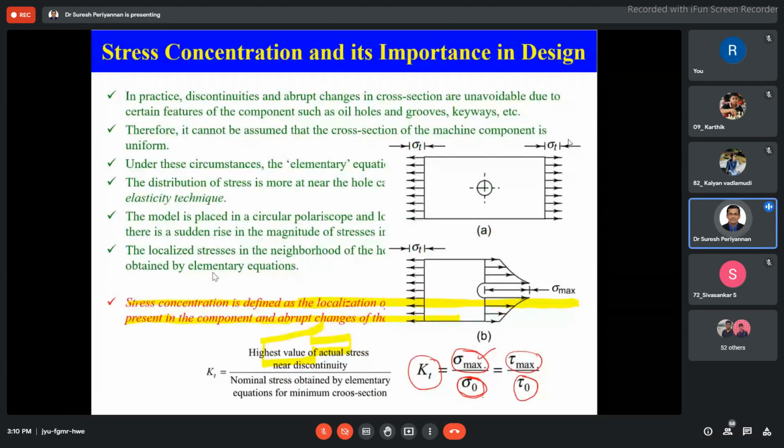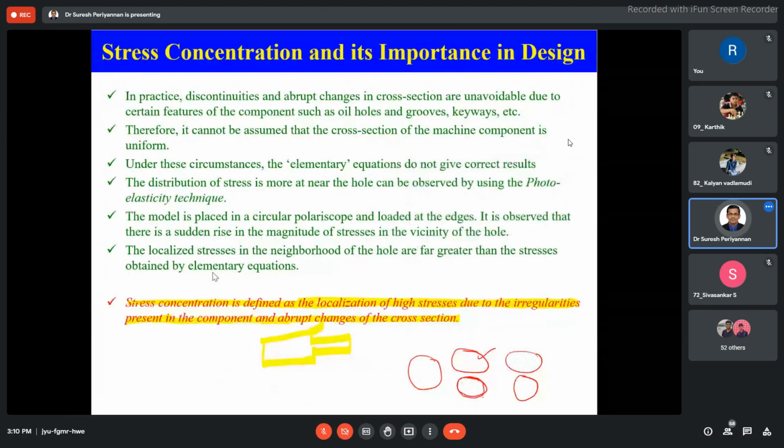Okay, what is the stress concentration factor formula? Anyone, please tell me. What is the stress concentration formula? Sorry, guys, please tell me, someone.